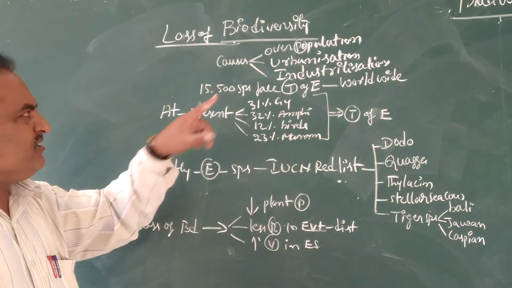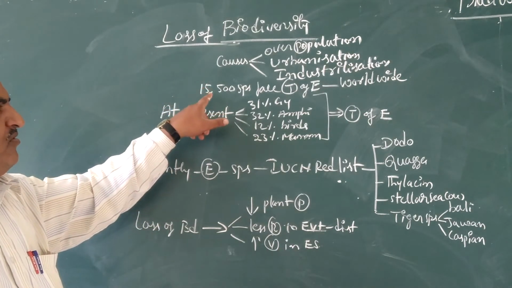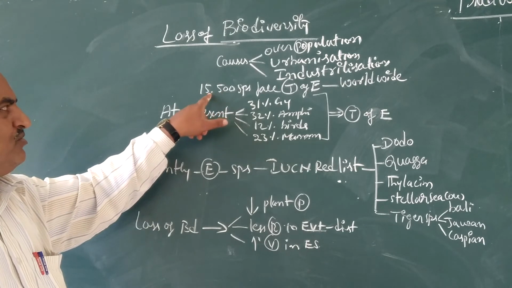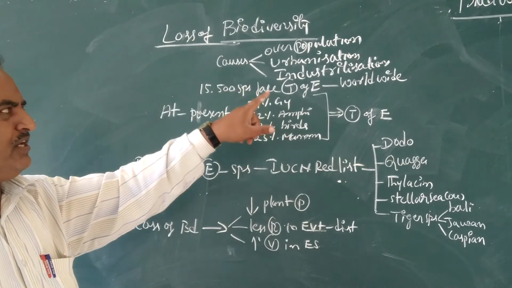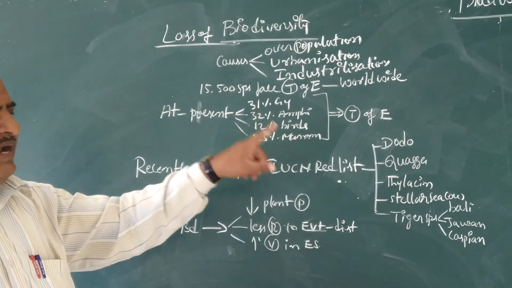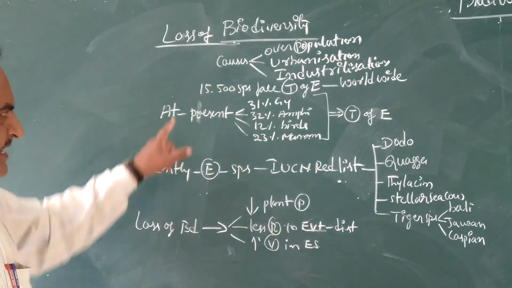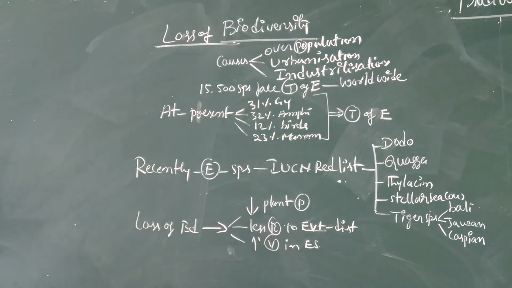That is the estimation. More than 15,500 species face threat of extinction worldwide at present.